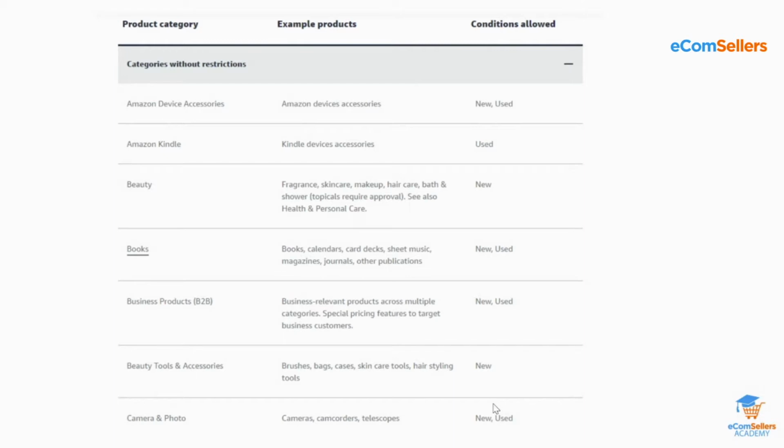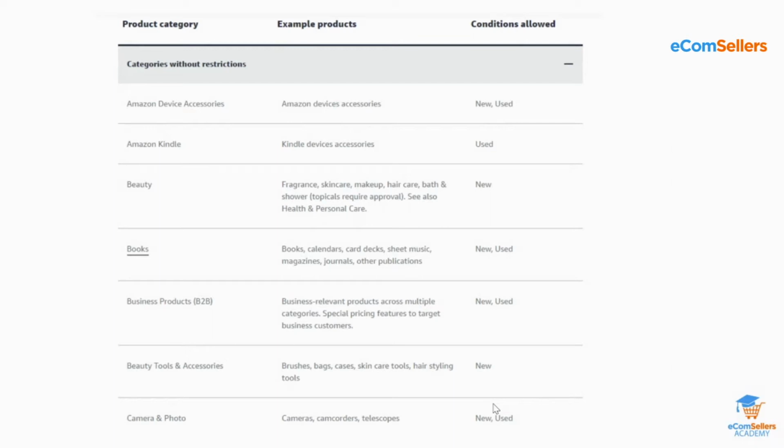Within that beauty category, there are some specific types of products or specific brands that you may have to get approval to sell. Since we're talking about beauty, Maybelline could be a specific brand, because it's a popular and well-known brand that you may be required to request approval for.